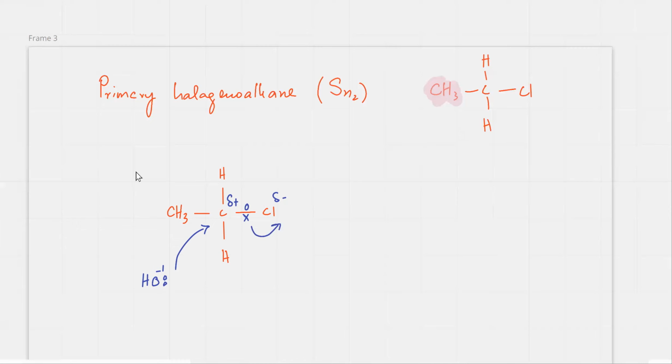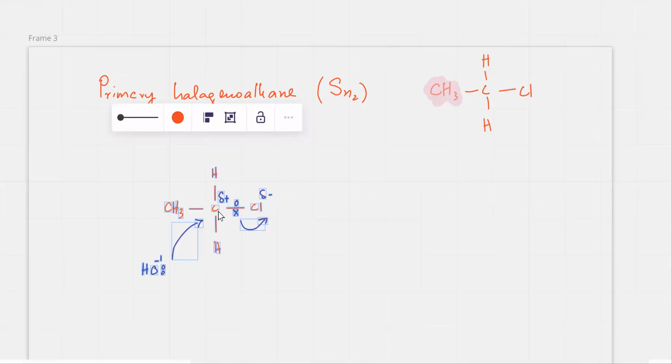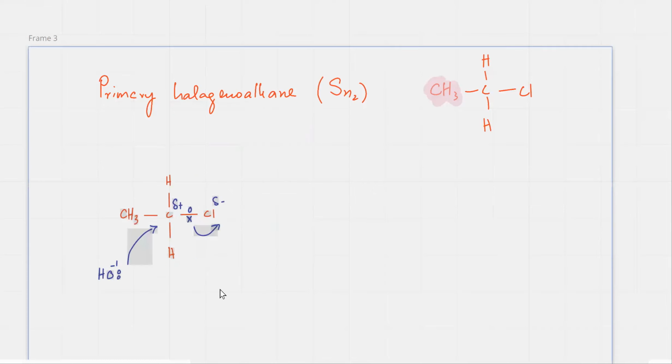So that's the first step of the reaction: the OH- comes close to the highly polar carbon atom and tries to bond with it. Because of the negative charge, the electrons over here get repelled. So that's the first step.